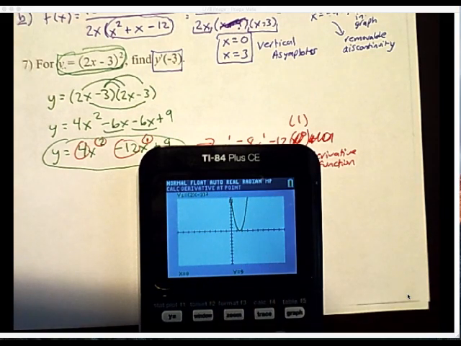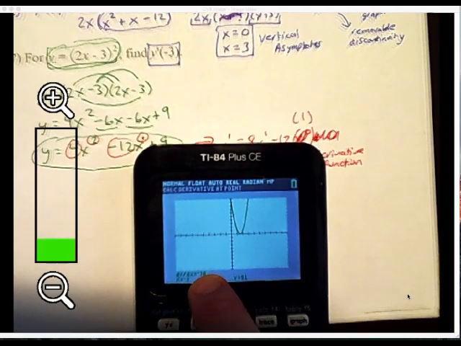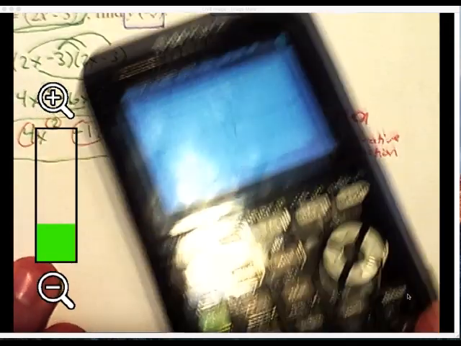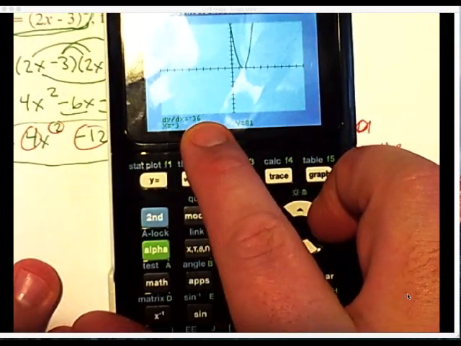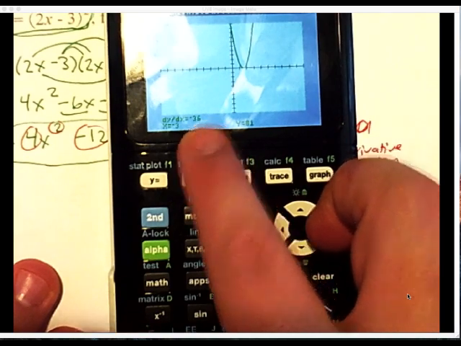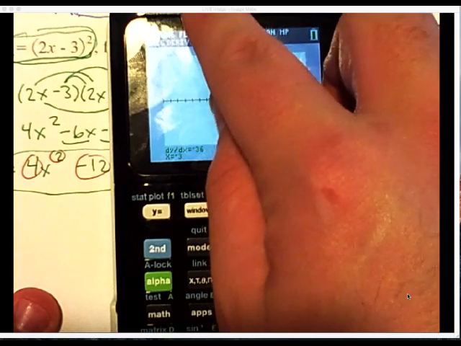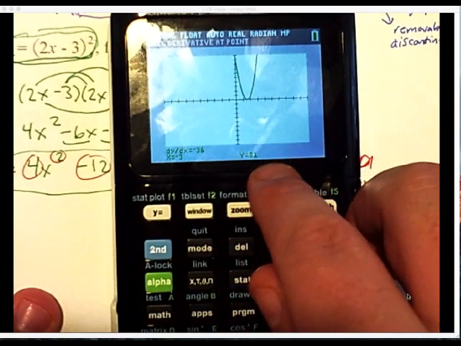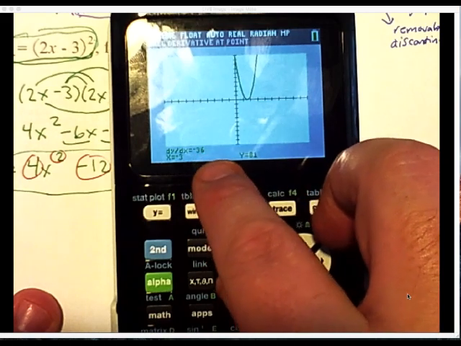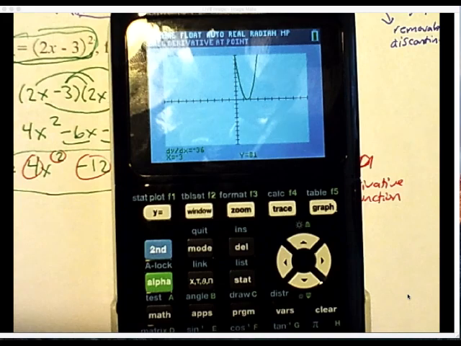If I type in -3 here, that thing right there, -36, that is the derivative at that point. The actual point itself is -381. That's way up here. But if I drew in a tangent line right at -3, that tangent line would have a slope of -36. Really, really steep going down.